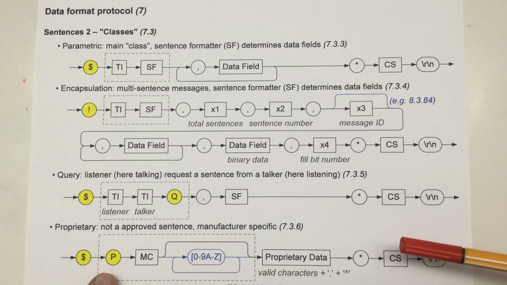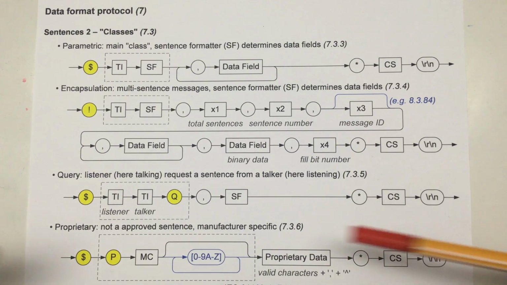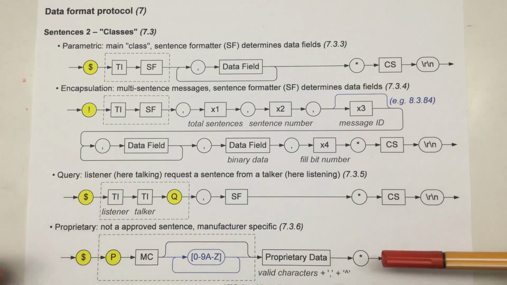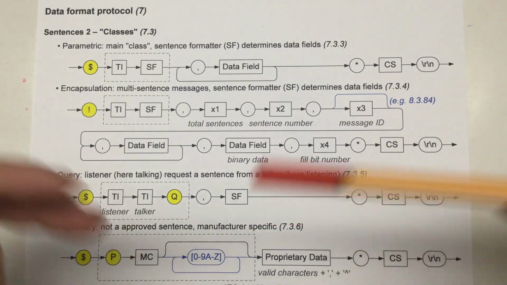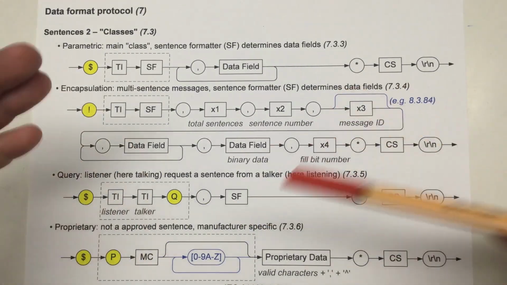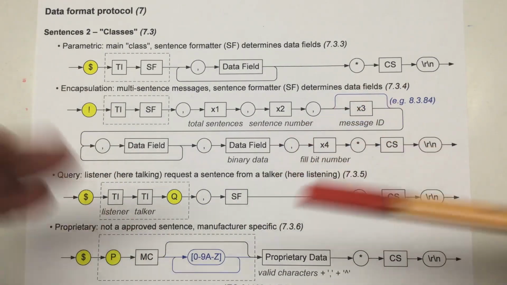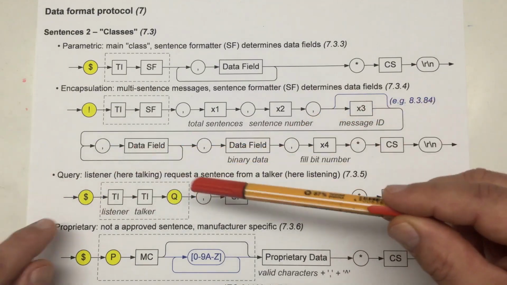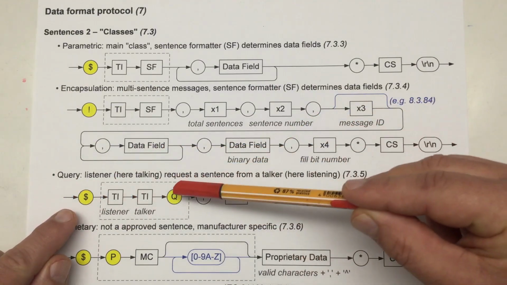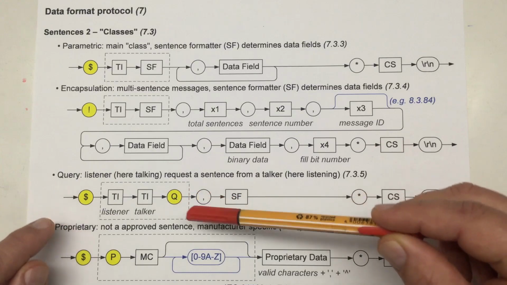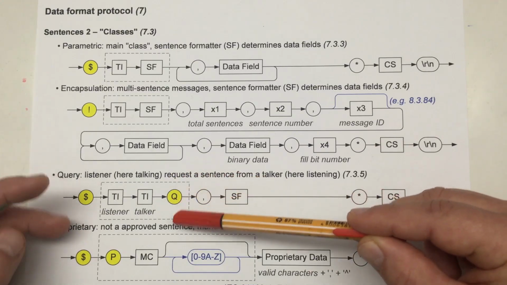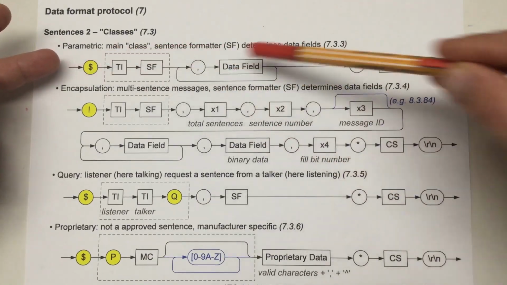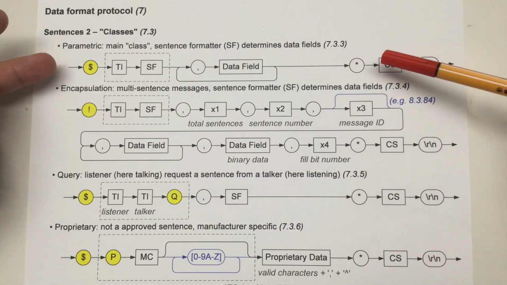There the second character is a P, so we're golden there, and that leaves us with parametric and query. And there we have to do something that's called in parsing or scanning a look ahead. We have to look at the 6th character in our sentence, which is for query a Q. And all others must be, by definition, parametric.